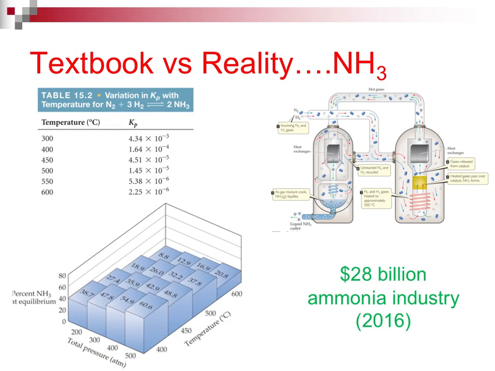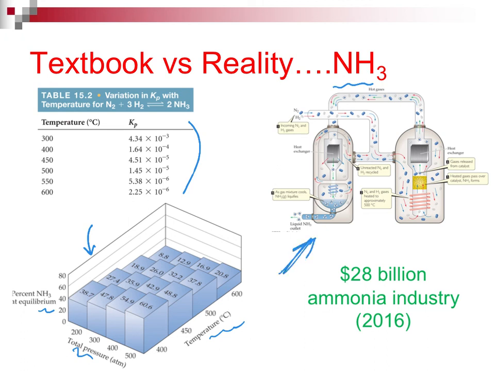So to wrap things up, textbook versus reality, we're giving you the basic fundamentals of equilibrium. We know that when they make ammonia, they could measure different Ks depending on temperature. What they did in their experimental design is look at total pressure versus temperature to find out how much ammonia was made. We don't even go that far.